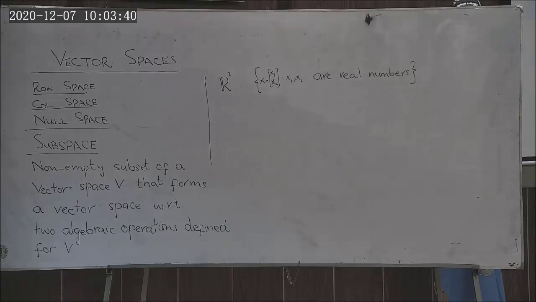Is it a vector space? Yes, because it satisfies the properties of a vector space. What is the dimension of that vector space? 2. What is the basis for that vector space?